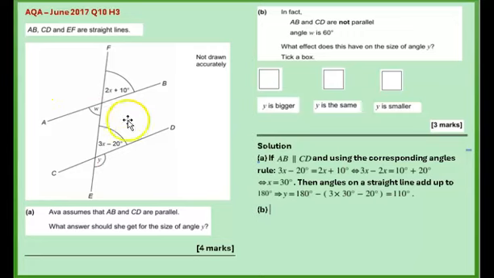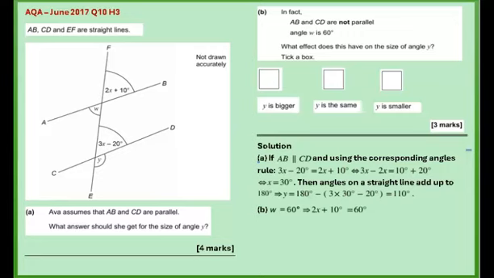How? Well, first, knowing W, we know that W and 2x plus 10 are vertically opposite angles. That means they are equal. So we have 2x plus 10 equals 60.